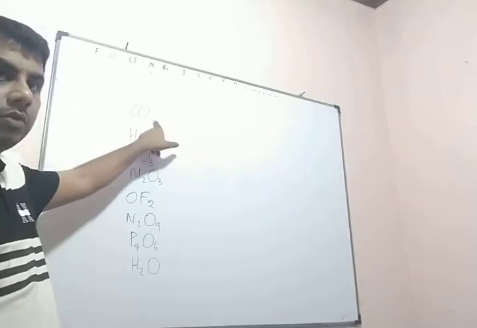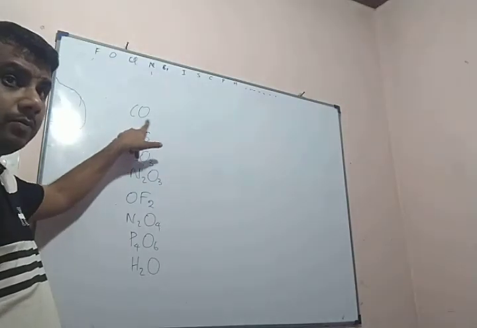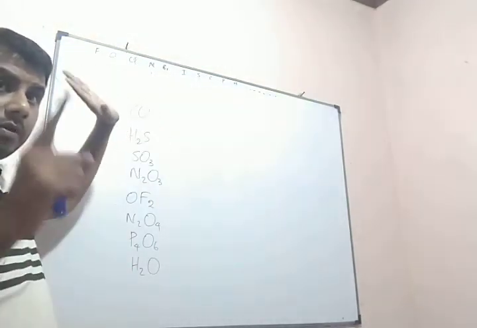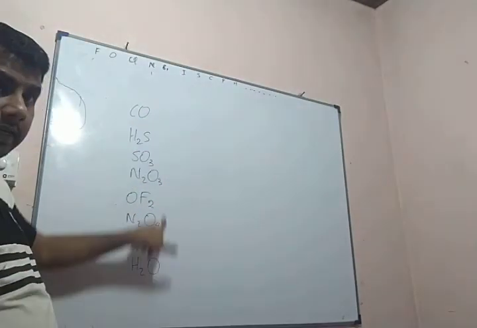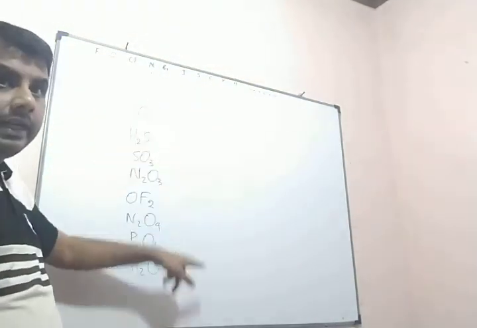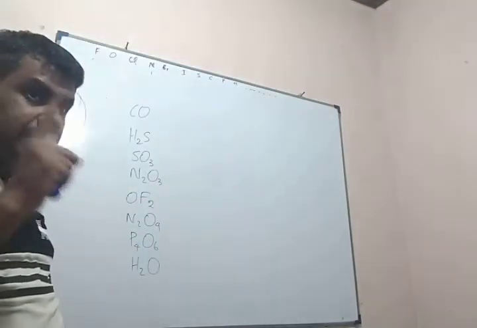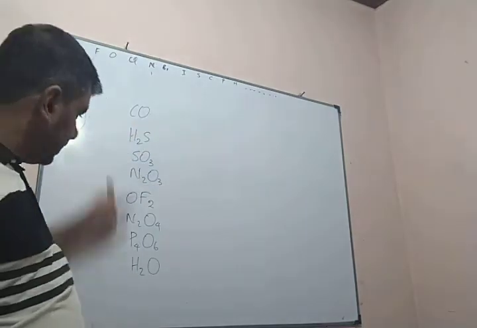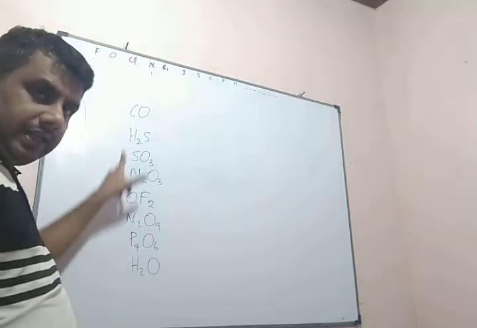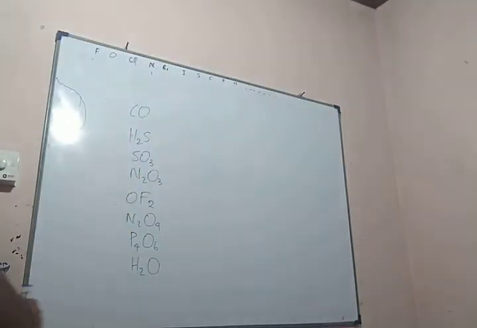Carbon monoxide, not monocarbon monoxide. The prefix mono should be used only for the second element or electronegative element, never for the first element, never for the electropositive element. Got it?